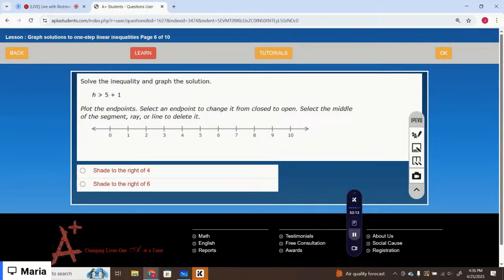Solve the inequality and graph the solution. Shade to the right of 6. Option number 2 is the correct option.